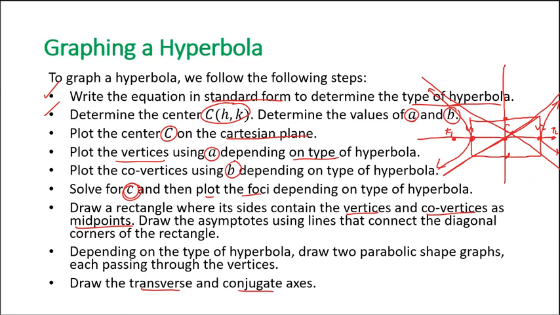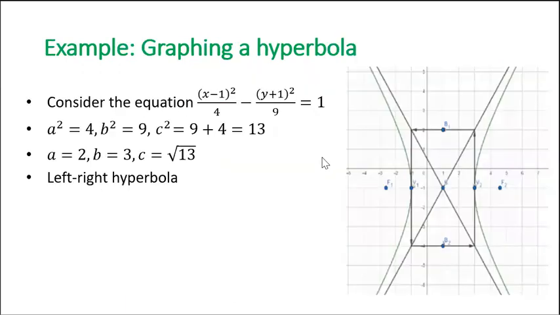So let's have some examples of graphing a hyperbola. Let's consider the equation (x - 1)² over 4 minus (y + 1)² over 9 is equal to 1. In here, we see that the center has coordinates h equals 1 and k equals -1.